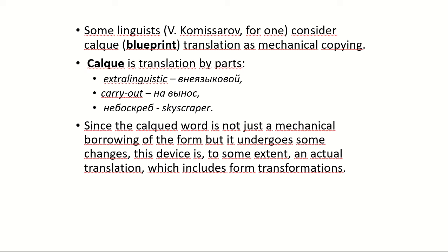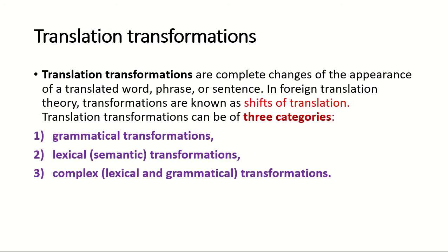Since the calc word is not just a mechanical borrowing of the form, but it undergoes some changes, this device is to some extent an actual translation, which includes form transformations. And the other way of achieving equivalence is making translation transformations.